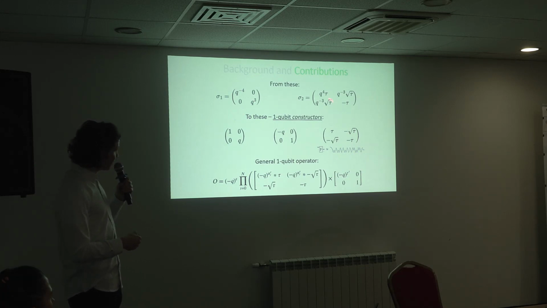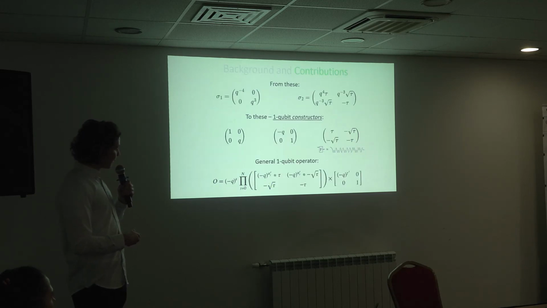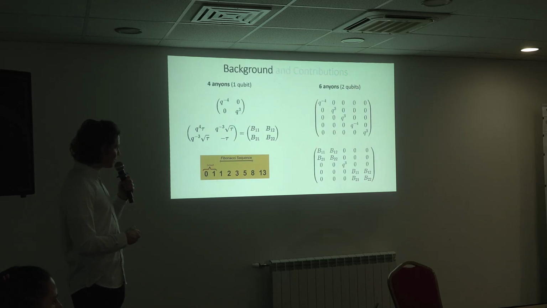starting from these guys here, I managed to get to these, which I call constructors of whichever gate we want. And I can come up with the general one, which will give me these X, Y, Z, or whichever others I would like to have. Not only that, I can keep going and do it for 2 qubits, and in a second I'm going to show 3 qubits.